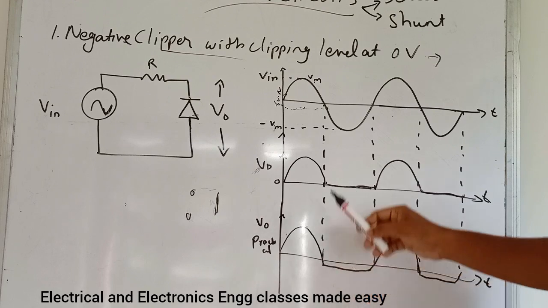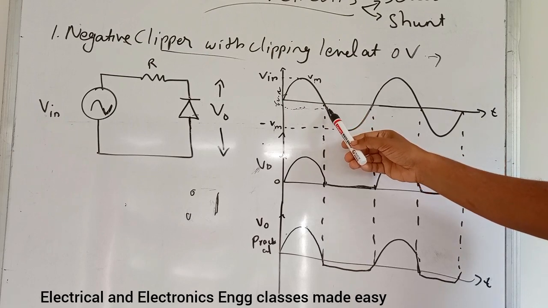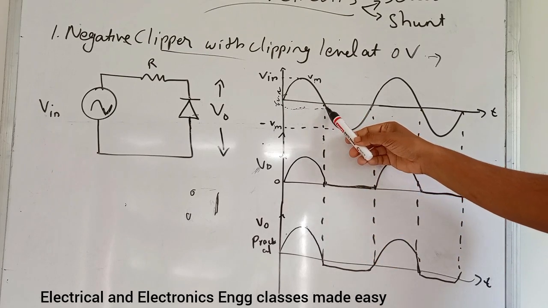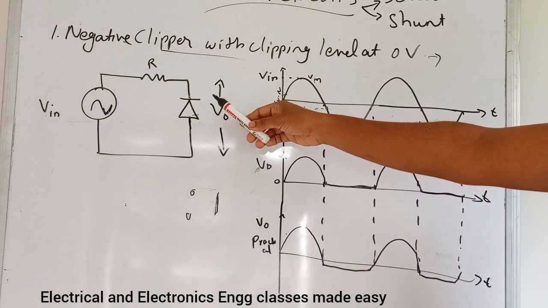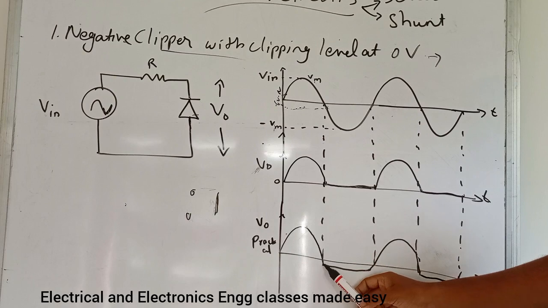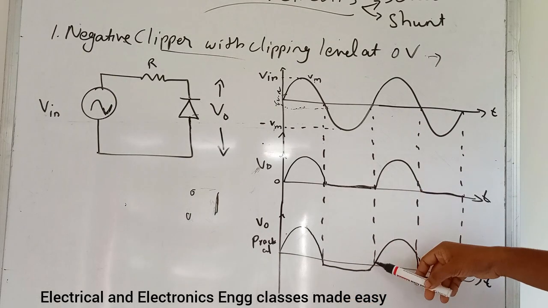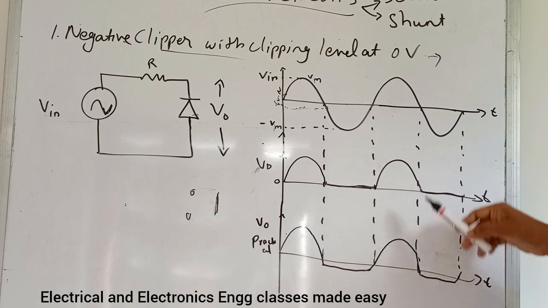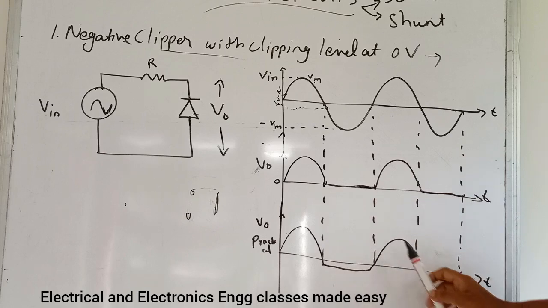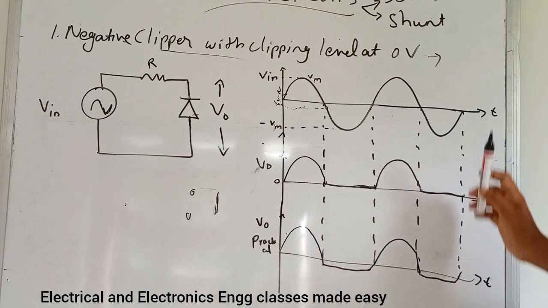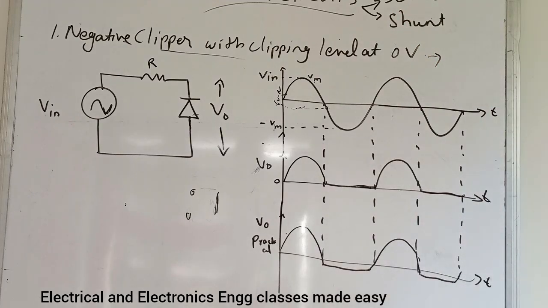So when this voltage is 0.6 volt, that is above this 0.6 volt in the negative direction, the diode is conducting. So we will get a waveform like this. Then again during the positive half cycle, it will not conduct. So this is the practical case. That is negative clipper with the clipping level at 0 volt.